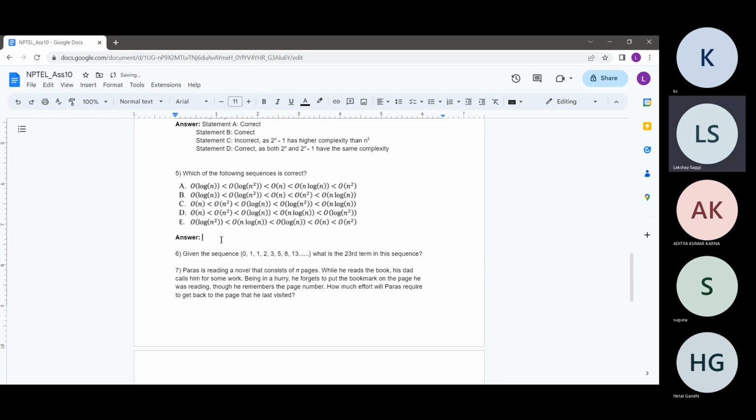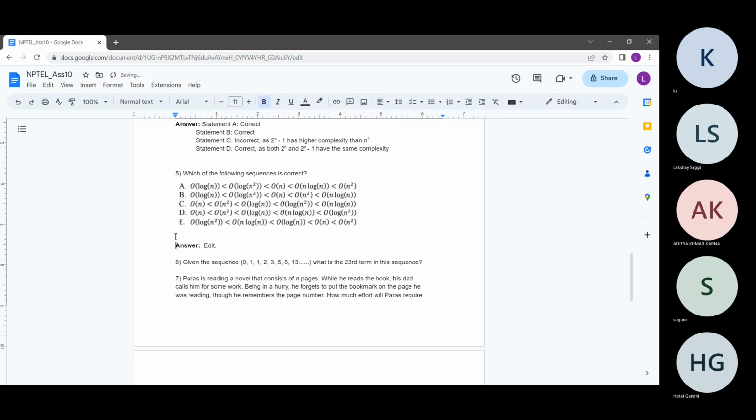The only thing is, I can edit this question right now as it's an image. So I'll just write down the edit below the question.